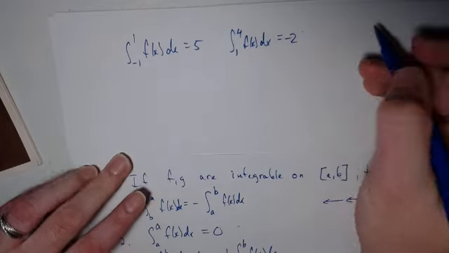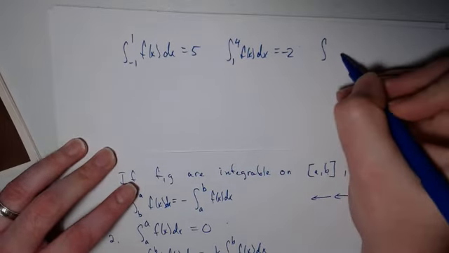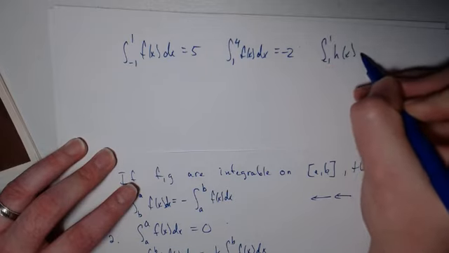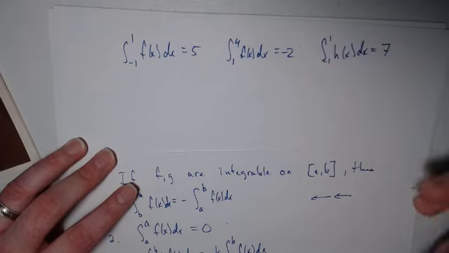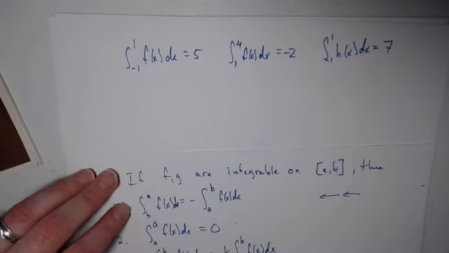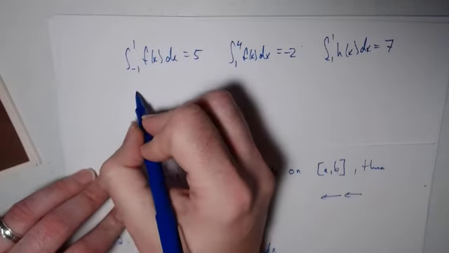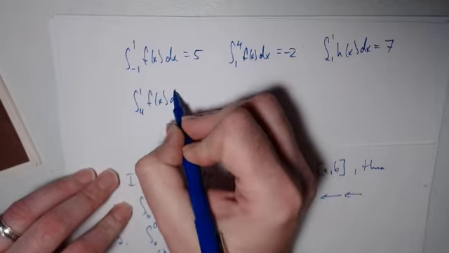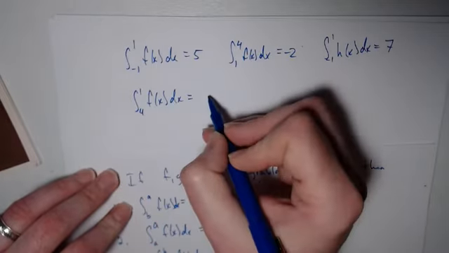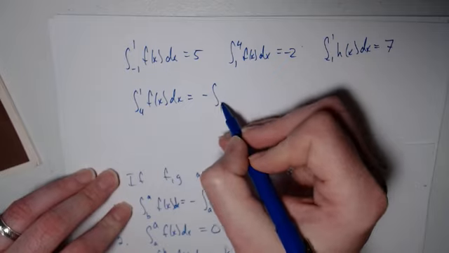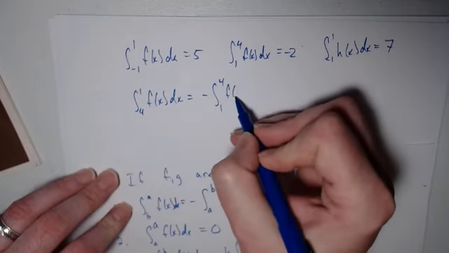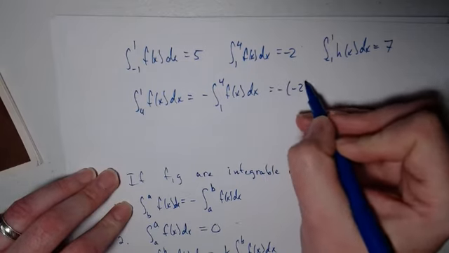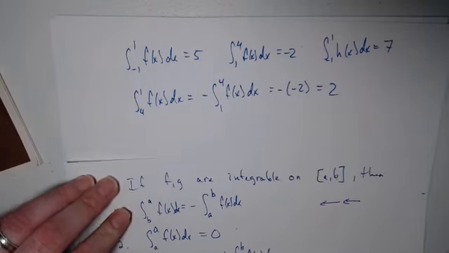And we have a different function, h, and the integral from -1 to 1 of that function is 7. So then we're asked to find the integral from 4 to 1 of f of x dx. That's just the opposite of the integral from 1 to 4 of f of x dx, which is the opposite of -2, which is 2.